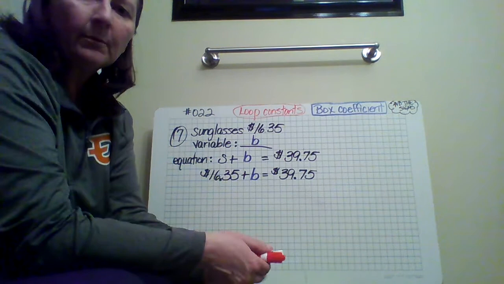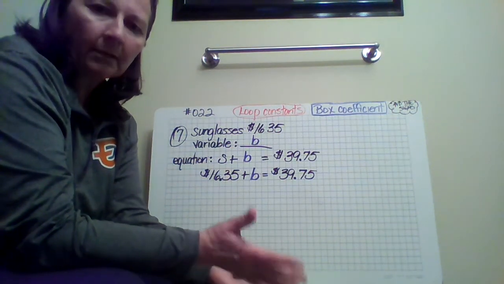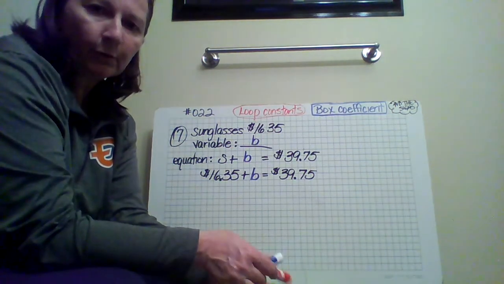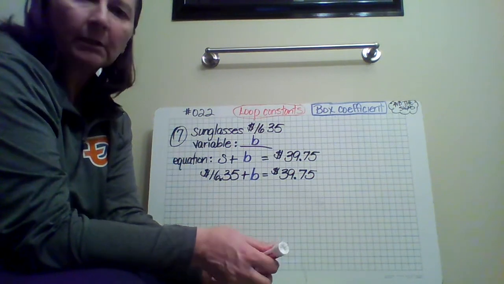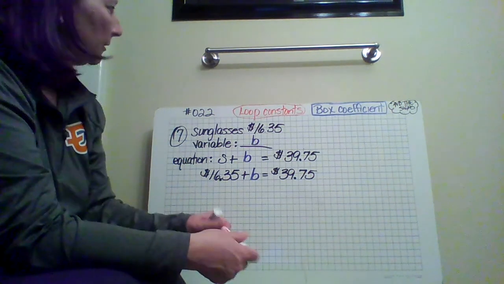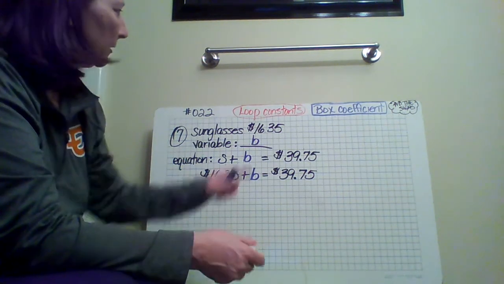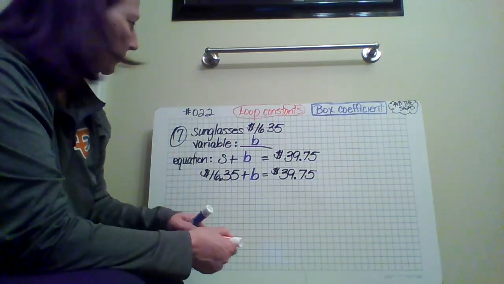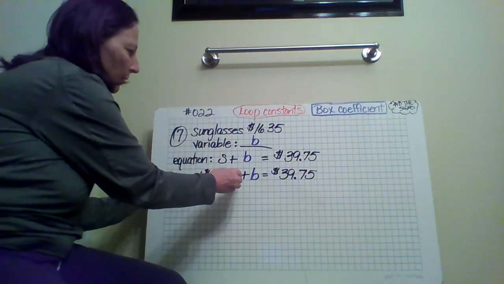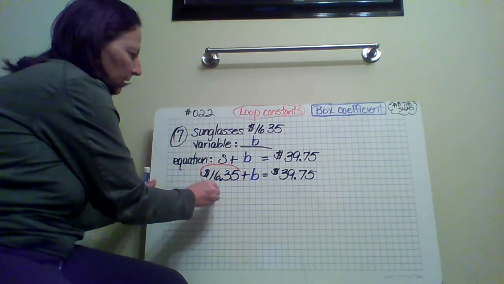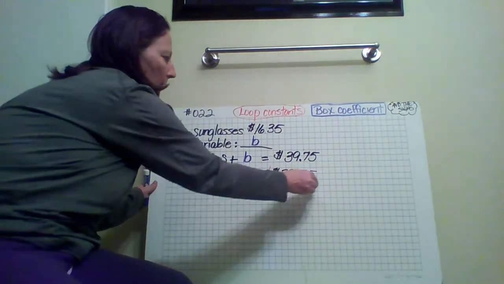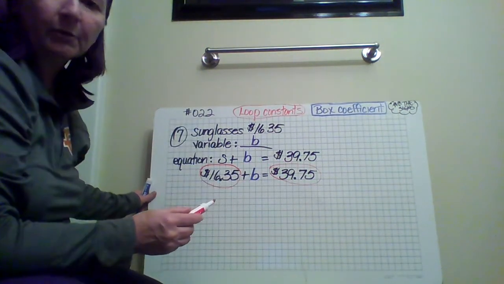All right, with word problems, we're going to do the exact same process that we did with the first 6 problems of our assignment. So the first thing we're going to do is loop those constants. Again, constants, remember, are just numbers, and in this case, they are dollar values. I have 2 of those.